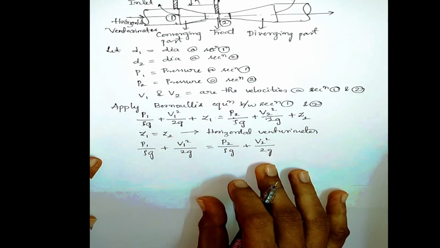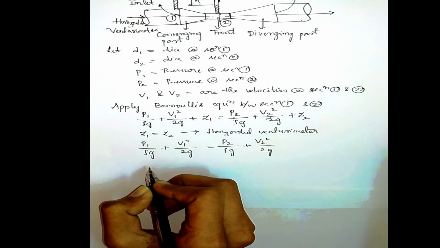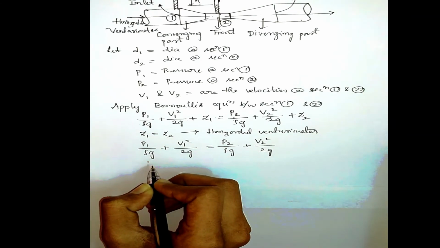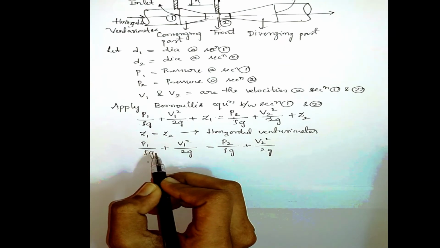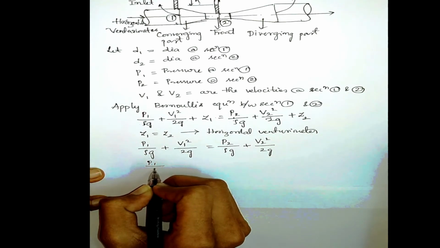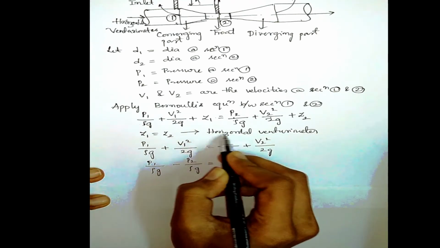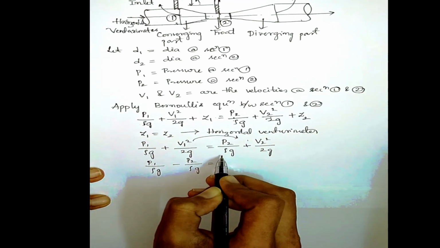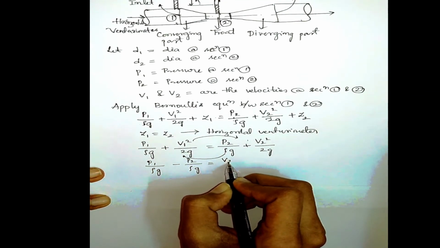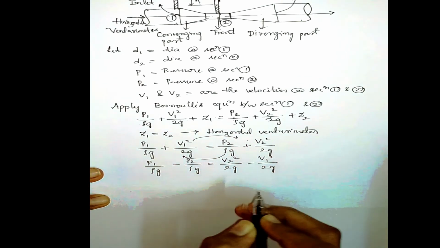So now we'll send P1 and V1, the velocity heads and pressure heads, to one side. If you send P2 by rho g to the left-hand side, it becomes P1 by rho g minus P2 by rho g, and V1 square by 2g goes to the right-hand side, so V2 square by 2g minus V1 square by 2g.